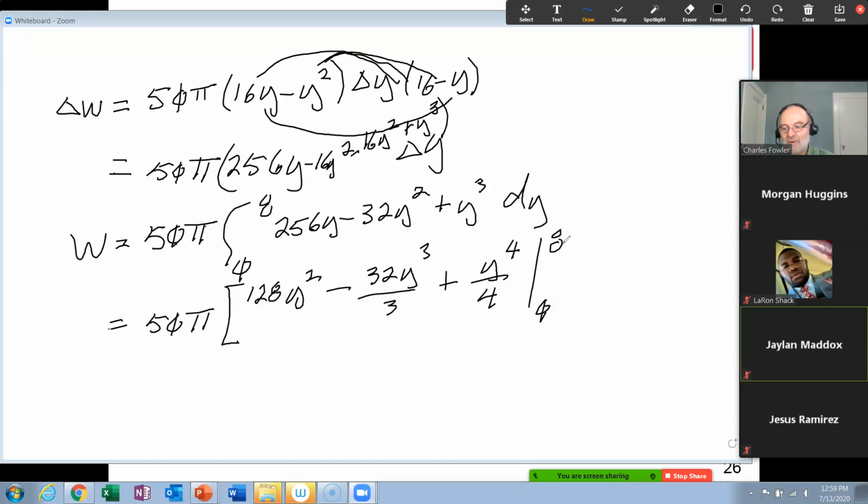Divided by 4, close parentheses, equal, oh my word, let's see what we got. Yeah, 589,782 rounded up foot-pounds, because you're measuring everything in feet and masses in pounds. Remember, our density was pounds per cubic foot. So that's what we got.